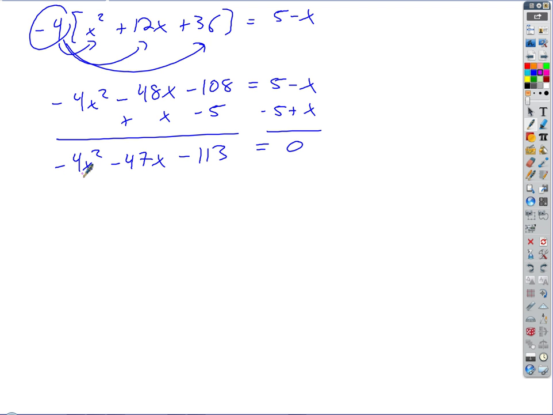So we're going to multiply each side of the equation through by negative 1. The right side just stays 0, but that just changes the signs of each of the terms on the left side. We always want a to be positive, so we get 4x squared plus 47x plus 113 equals 0.